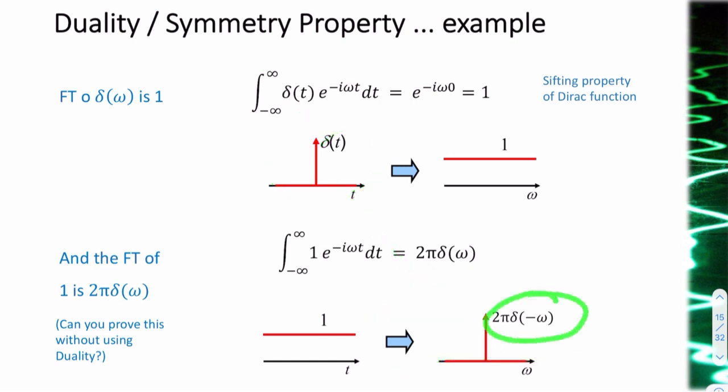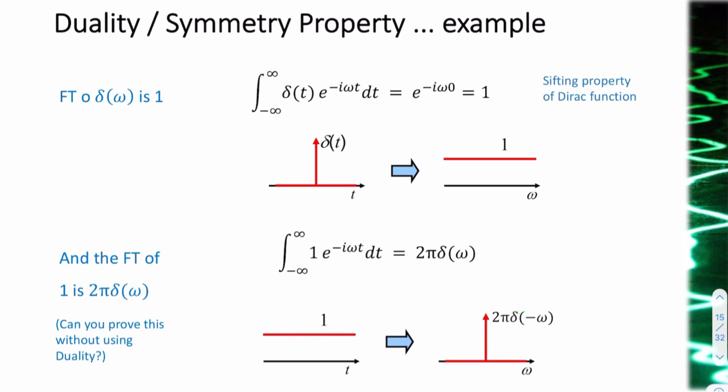So what's an impulse in frequency? This is where the 2 pi comes in and the minus omega, but in this case there's a 0 here, so this is just the same as the Fourier transform of A naught. So this is basically DC. This is what DC looks like in the time domain. This is what DC looks like in the frequency domain.